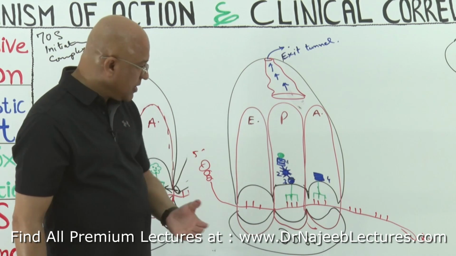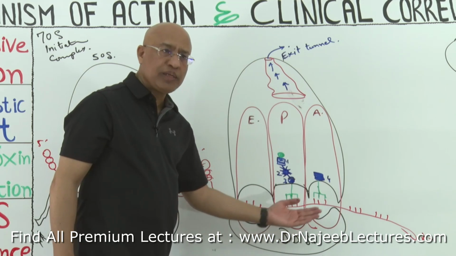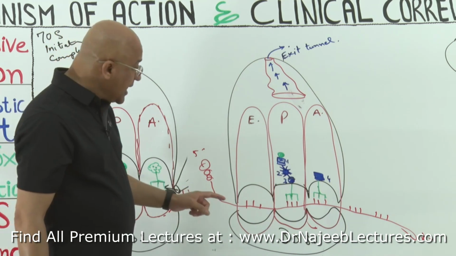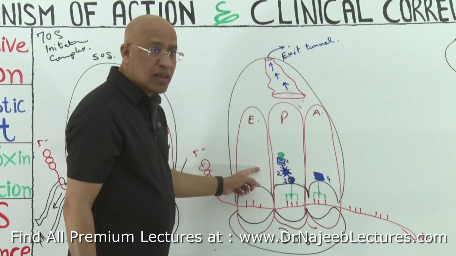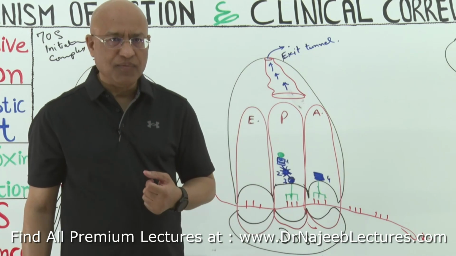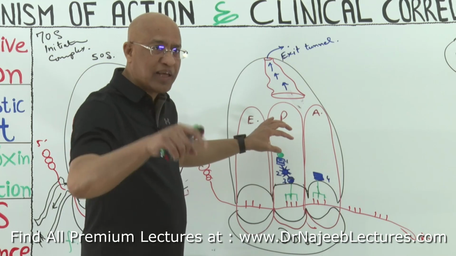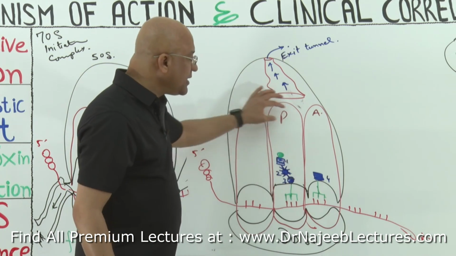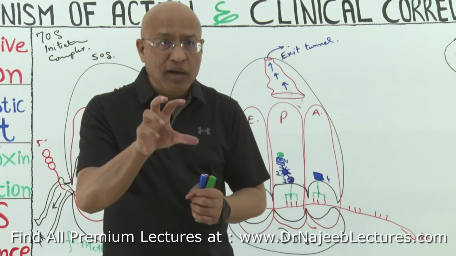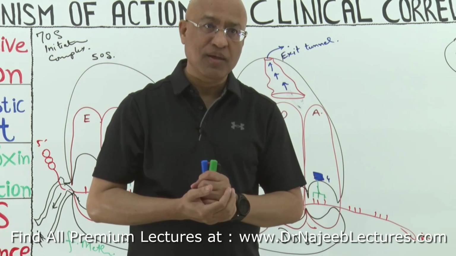Now here let me explain. 30S unit is like a platform on which messenger RNA is stabilizing. And the 50S unit has the catalytic activity. Somewhere within itself, I will explain where, it has a special domain buried which has enzymatic activity.